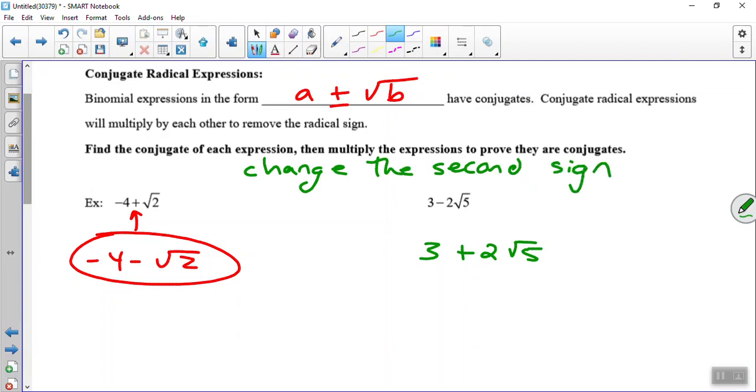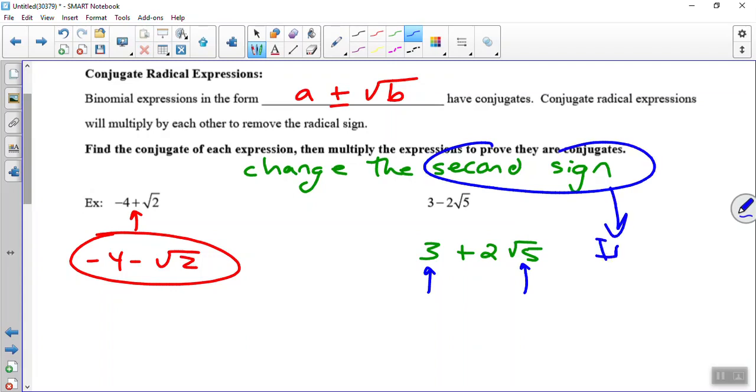Or just change the sign of the irrational term, because you have a rational term here and an irrational term there. Change the sign of the irrational term.